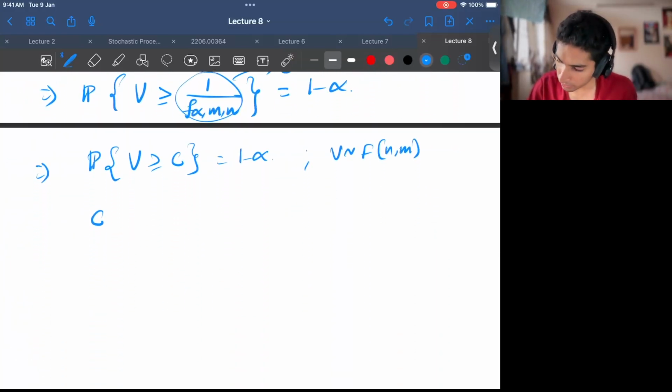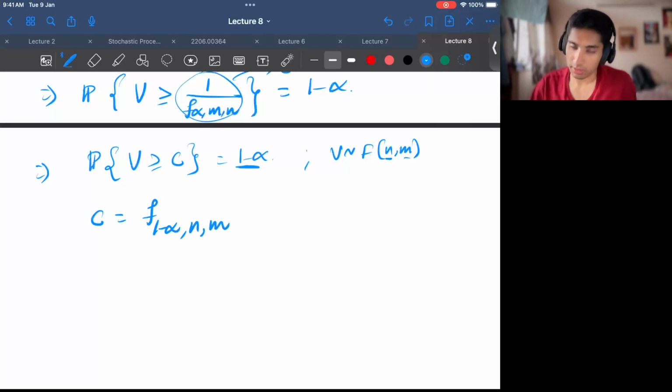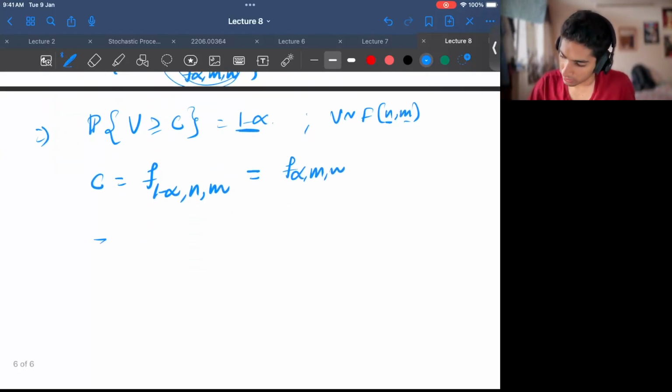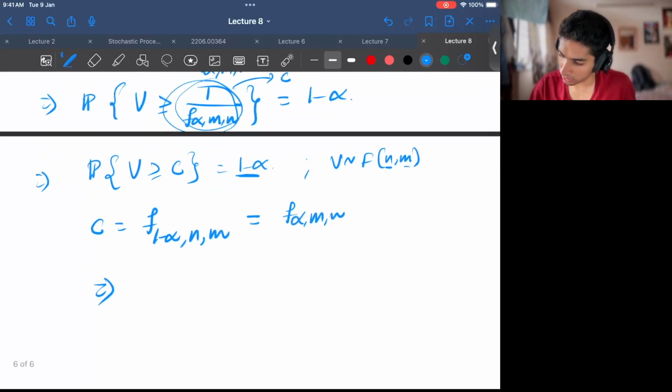Therefore, by definition, what should we call this thing? C here has to be F, so this value is 1 minus alpha, and the parameters are n comma m. I hope you will agree with me on this. And this thing we just saw here is F of alpha m n, right? This implies the inverse of this.